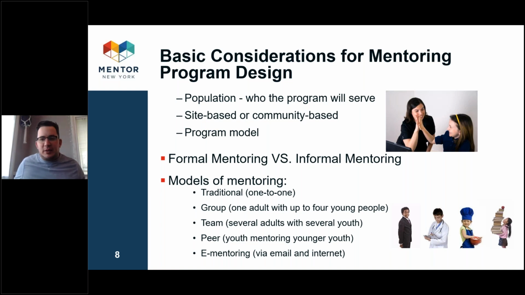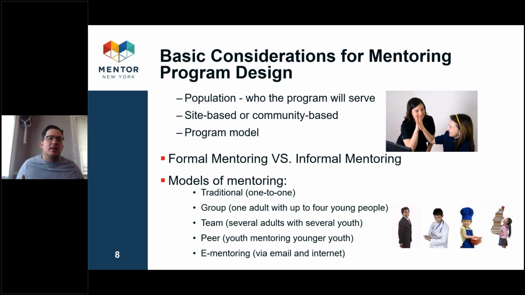Peer mentoring is exactly what it sounds like. You're being mentored by a peer, typically someone who's a little bit older than you. And again, for more details on that, you can see our webinar from earlier this year. And then lastly, virtual mentoring. Any of these models can happen on a virtual platform, right? Traditional, group, team, peer. It just changes the mechanism of how we're meeting with them. And site-based and community-based can also both happen virtually.